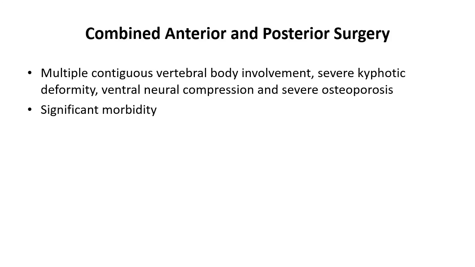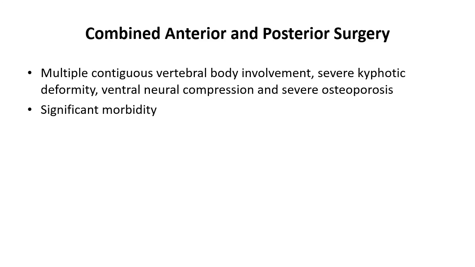While global reconstruction through a posterior alone approach is now feasible in the majority of cases, there still remains a place for combined anterior and posterior surgery, either in a single sitting or as a staged procedure. Multiple contiguous vertebral body involvement, severe kyphotic deformity, ventral neural compression, severe osteoporosis, and late deformities are the usual indications.